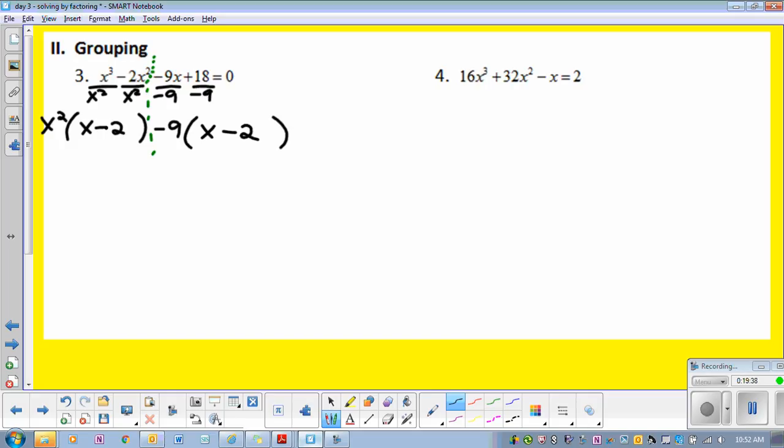All right, so I have x minus 2, then I have x squared minus 9, all of that equal to 0. Am I done? No. Why? What do I have to do?